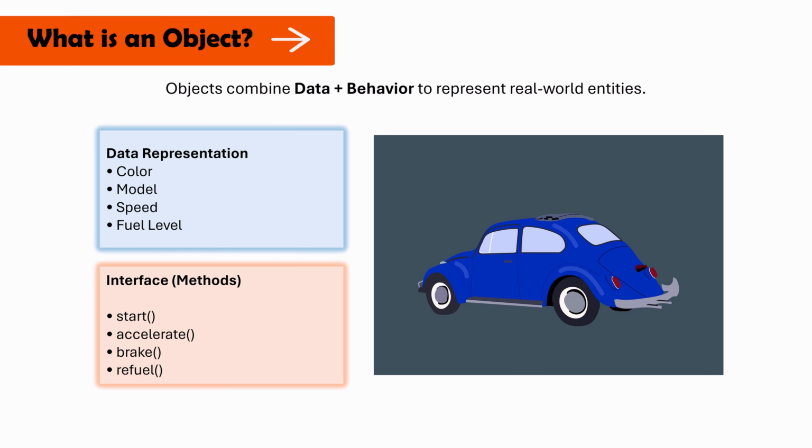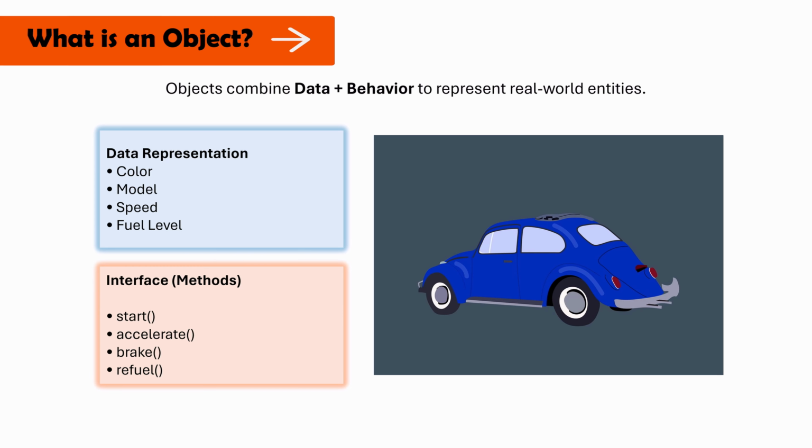Then the interface is basically your methods, how to interact with the object. This is done through functions and methods that belong to that object. For our car example, those could be methods like start, accelerate, brake, refuel.